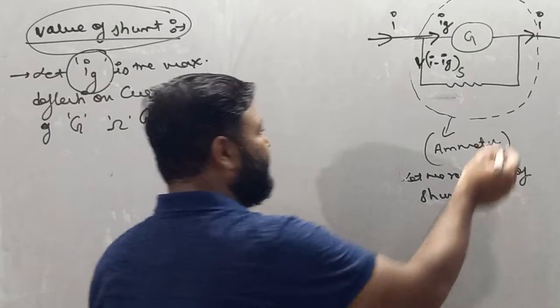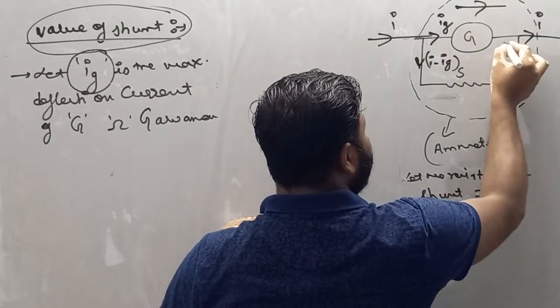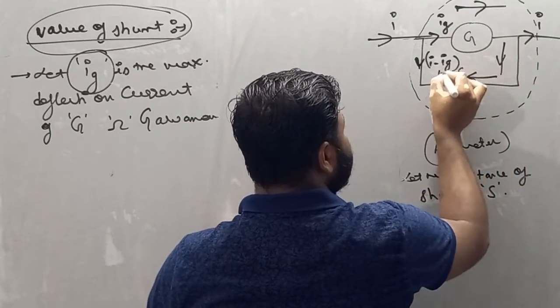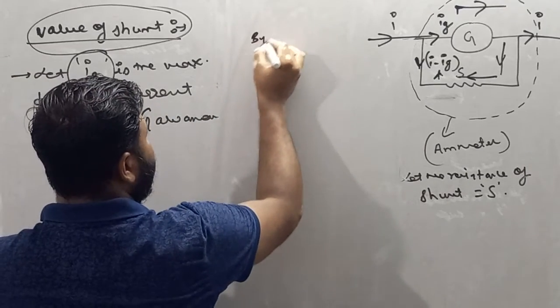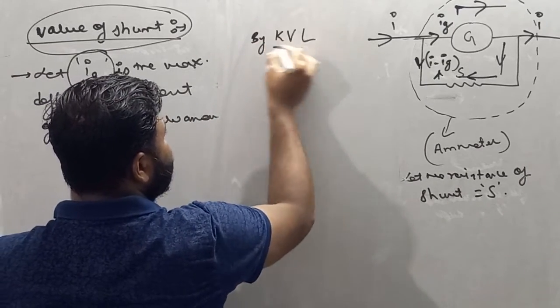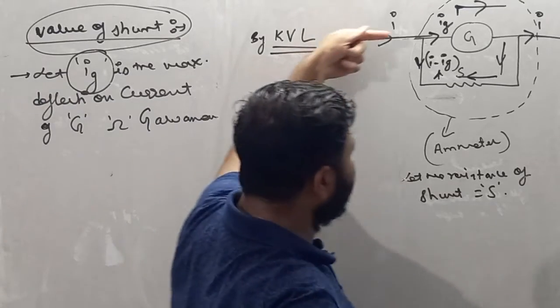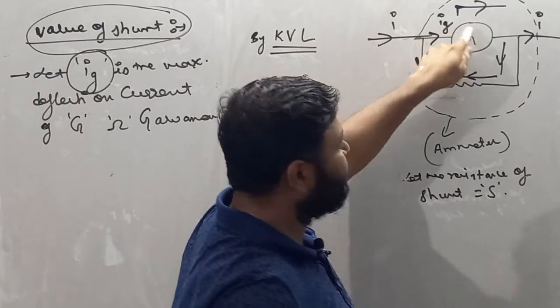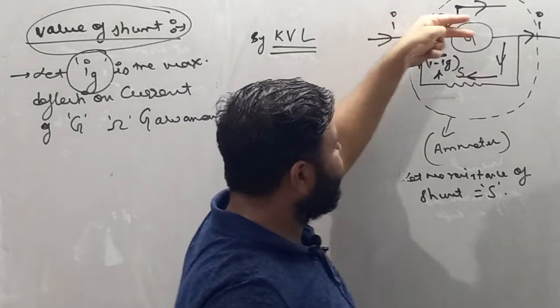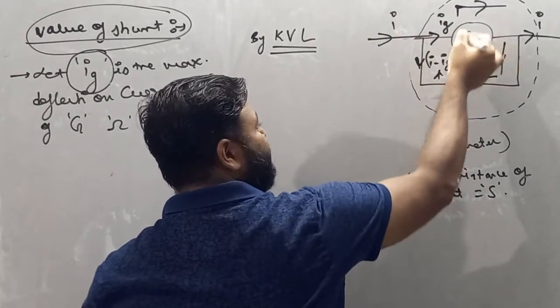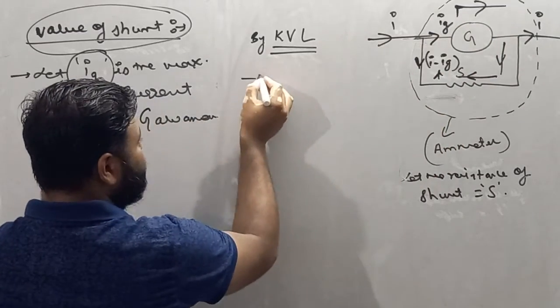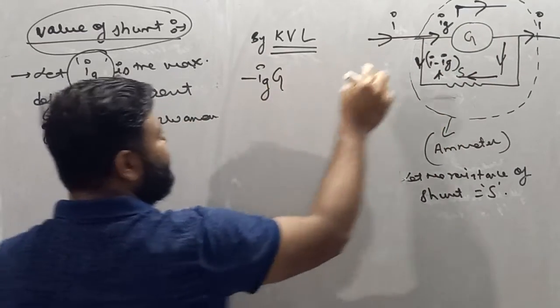So see my dear student, here again we are capable of applying Kirchhoff's voltage law, that is KVL. I'm moving like this. The resistance of the galvanometer is G. My direction and current direction are the same. The current flowing in this galvanometer is Ig, so I'll write minus IgG.